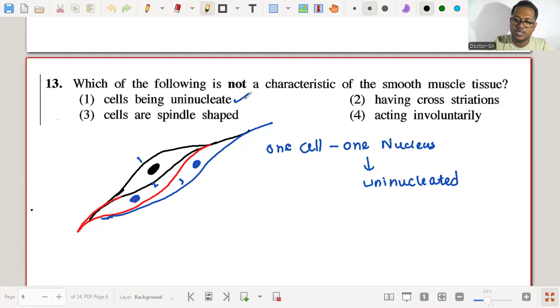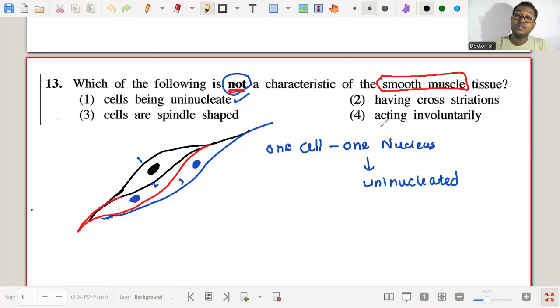So the first one is correct. They asked about the not a characteristic feature. I think some of the students didn't see the word "not", so they saw the smooth muscle tissue and picked a correct statement.